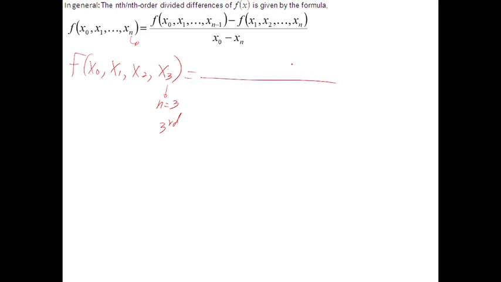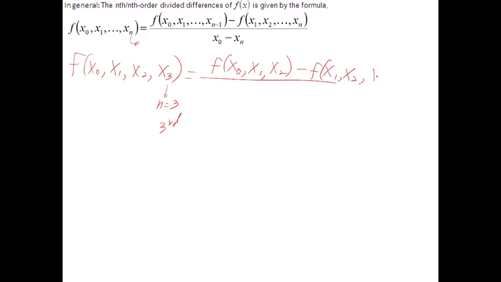Then this will become f of x sub 0, x sub 1, until we reach x sub 3 minus 1, that is x sub 2, minus f of x sub 1, x sub 2, until we reach n equals 3.